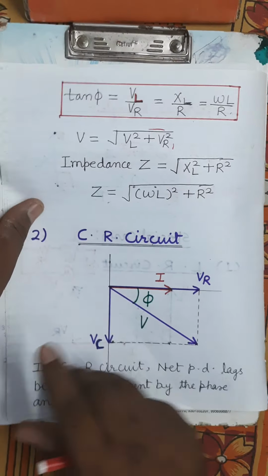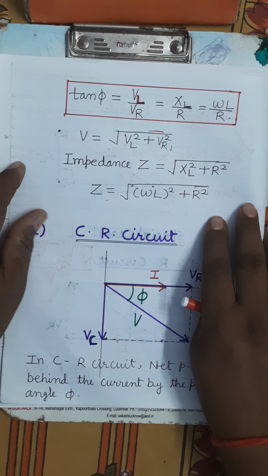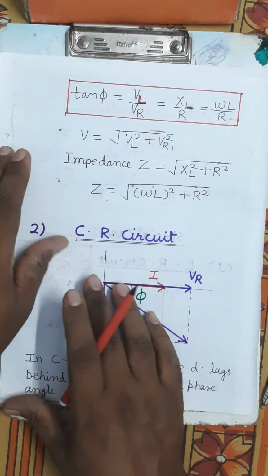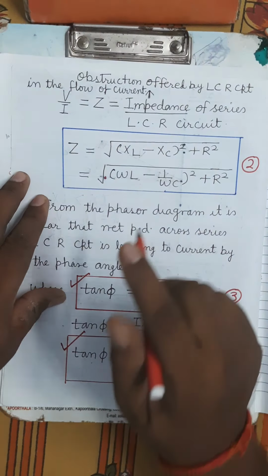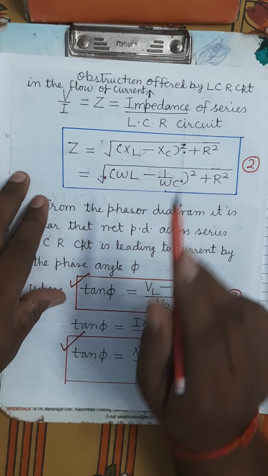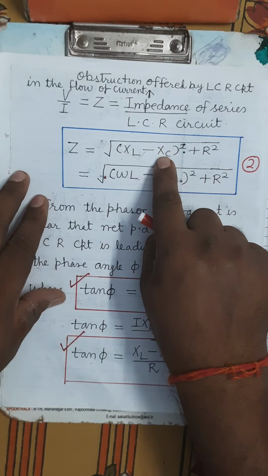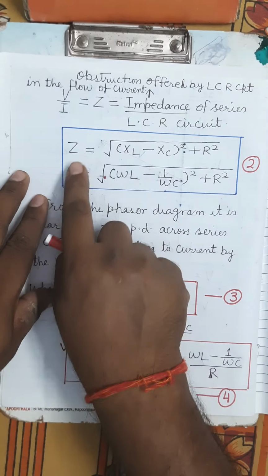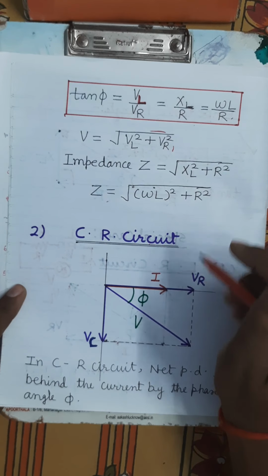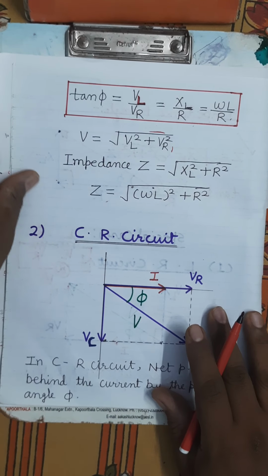What will be the impedance? Now you can remove XC. In XL minus XC whole squared plus R squared, there is no capacitor, therefore XC can be removed, therefore Z equals square root of XL squared plus R squared.